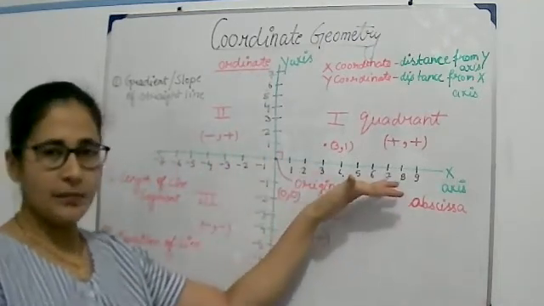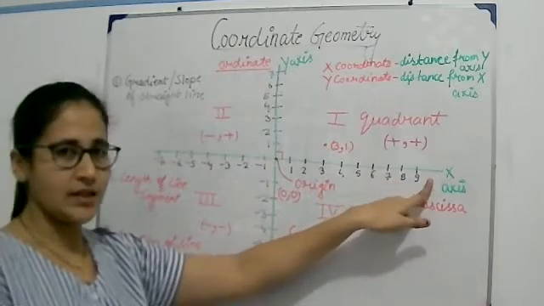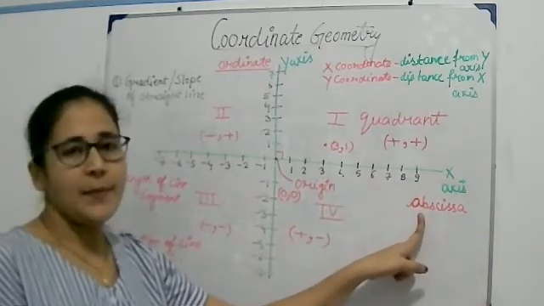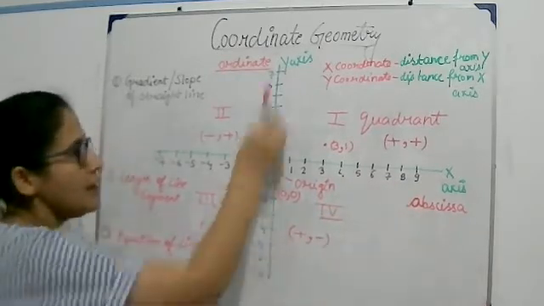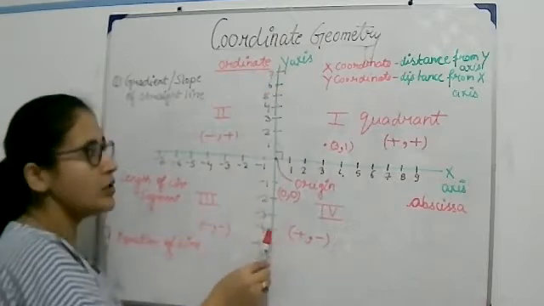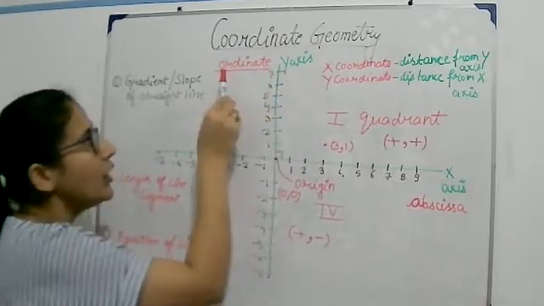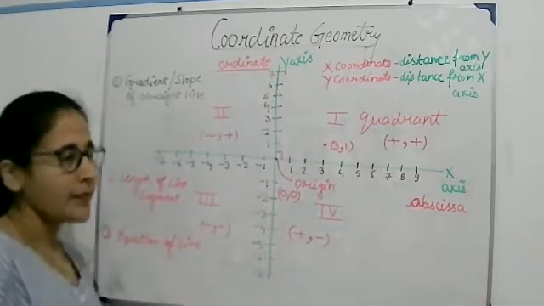This horizontal number line, we call it x-axis or we call it abscissa. This vertical line is known as y-axis or we call it ordinate also.